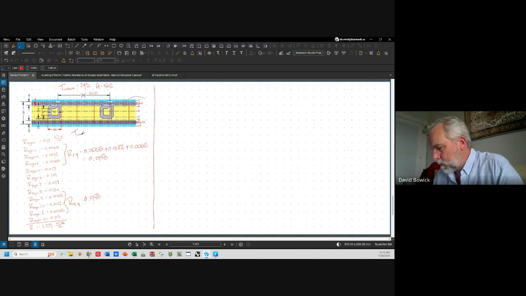T outdoor equals minus 20 degrees Celsius. That's our design case for Toronto. So delta T, which is the difference in temperature, equals 24 degrees Celsius minus minus 20 degrees Celsius. Oh my God, that's a percentage sign. Sorry.